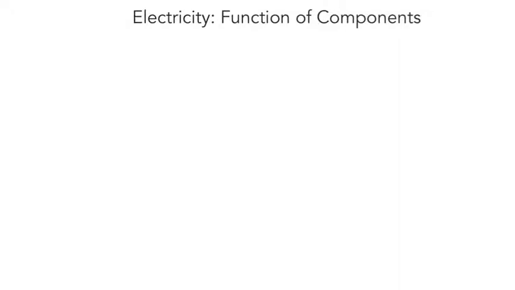Hi everyone, so in this video we're going to be looking at function of components. Now this is a type of question that we would see in part C of the exam, so that would be the analysis of a technical object. What they mean by function of components is that you have your circuit and we're breaking down each of the elements in the circuit into 4, potentially 5 groups.